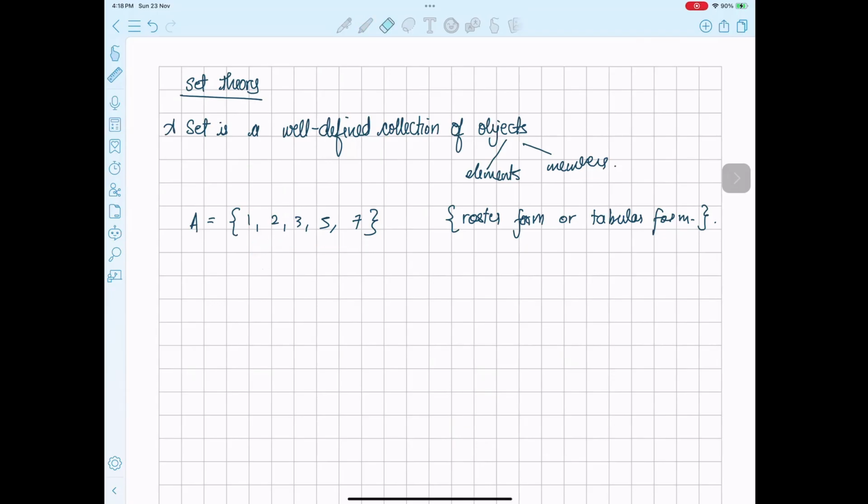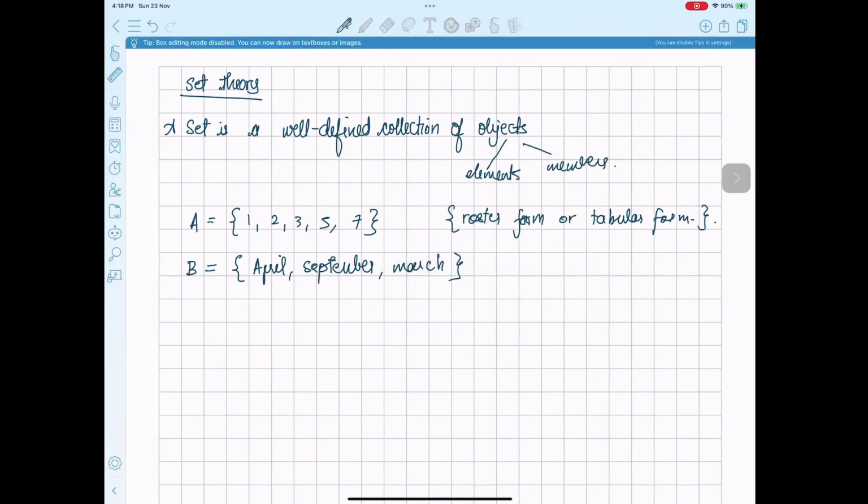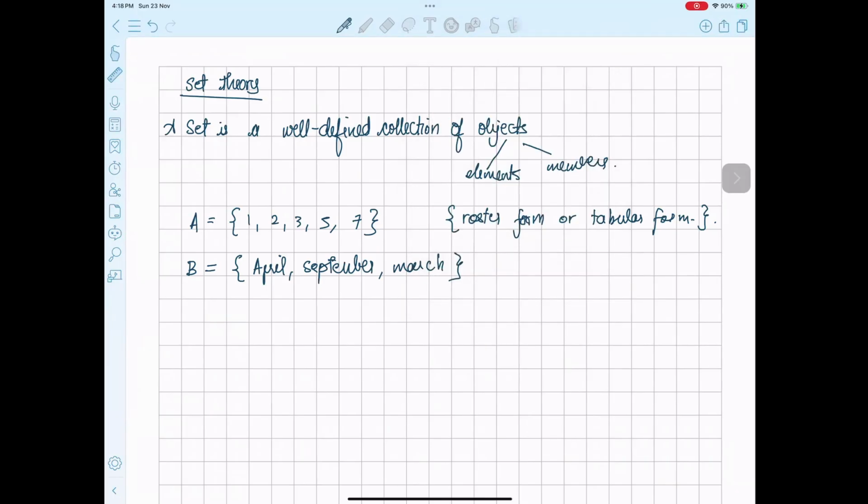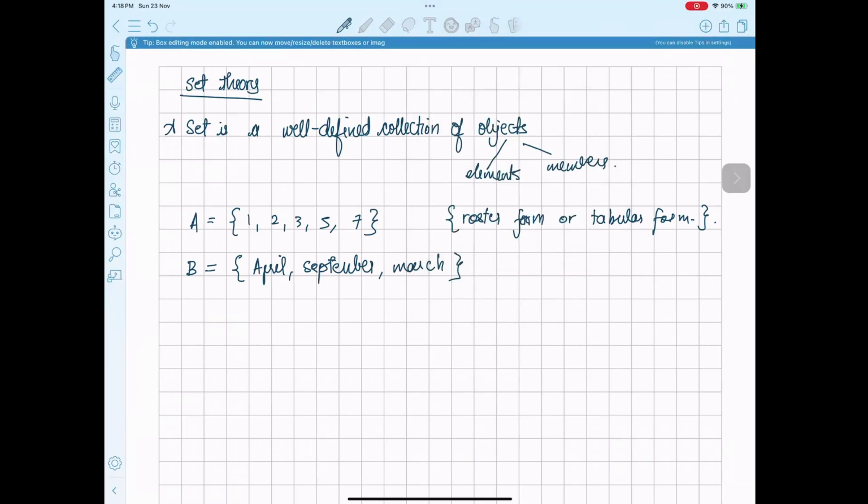So another set that I could make, say a set B, would be April, September, August. This is a set of months. This is also a set because it defines objects that are comma separated and within braces. So it doesn't always have to be numerical. It is just a collection of objects, and objects expands to multiple domains of what you can define it with.